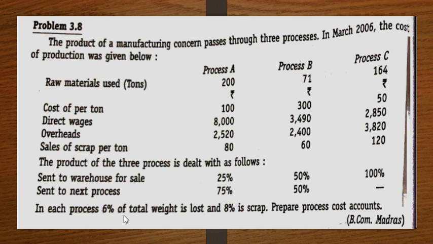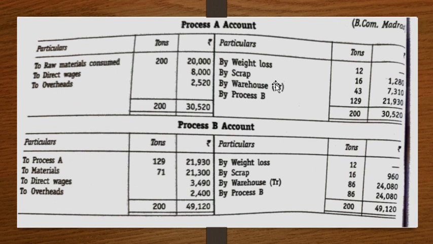In each process 6% of total weight is lost and 8% is scrap. Now 6% on the input of 200 units is 12 tons. Scrap is 8%, so 200 into 8% will give you 16 tons of scrap.